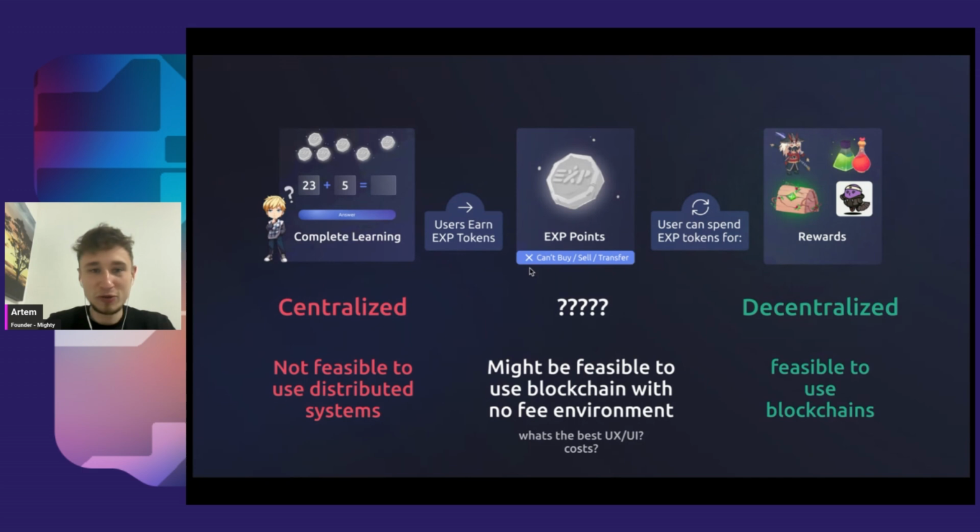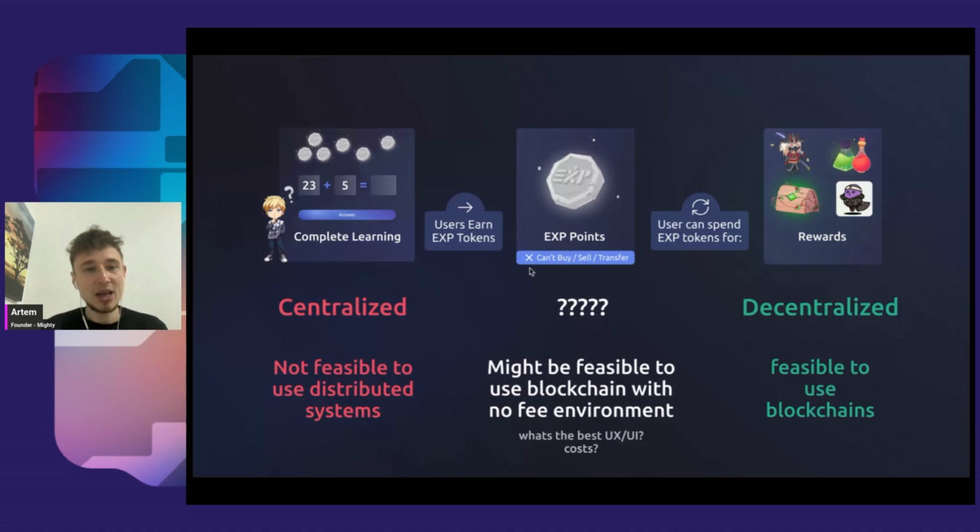Again, given the example of Mighty, what we have decided to do for our system is we have three parts outlined here. We wanted to create a system which provides rewards to our learners. We start off with a fully centralized learning management system, which we have created on Mighty.